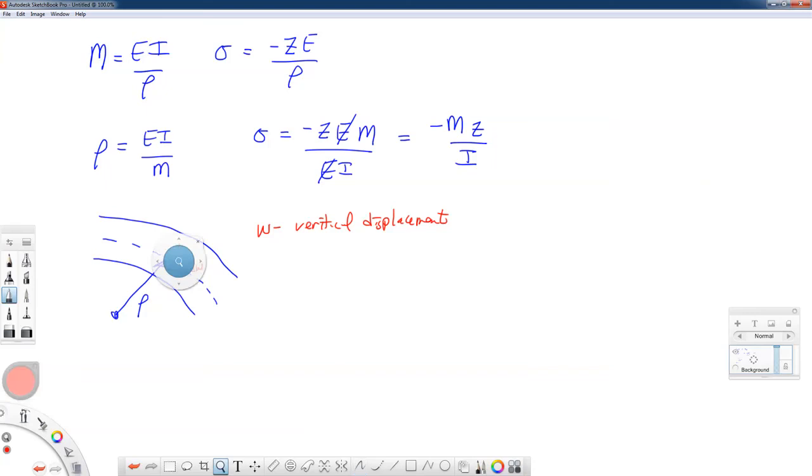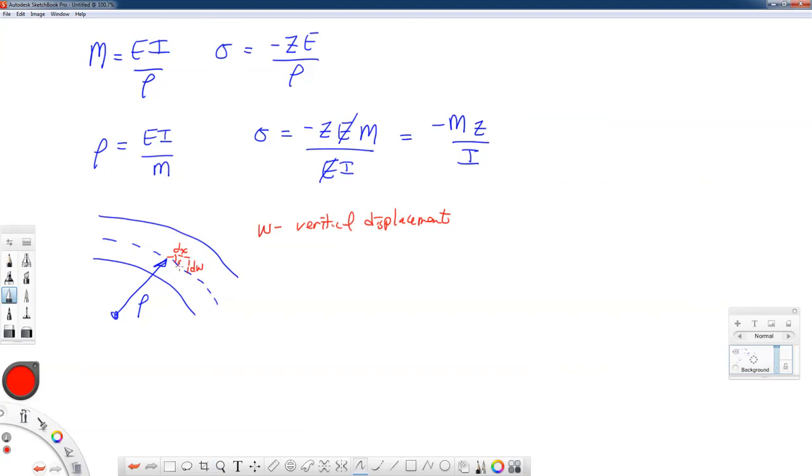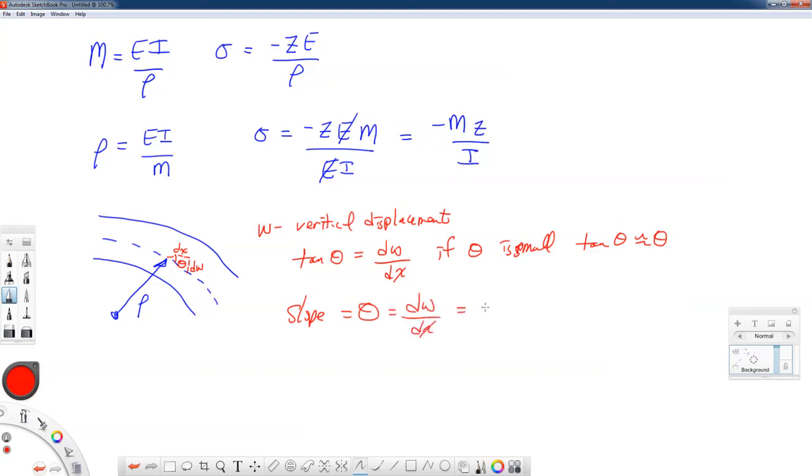If we look at the angle that's formed right here, the tangent of that angle is dw by dx, and if theta is small, then the tangent of theta is approximately equal to the angle theta, and the slope of the beam is dw by dx, or we can say that's w prime.